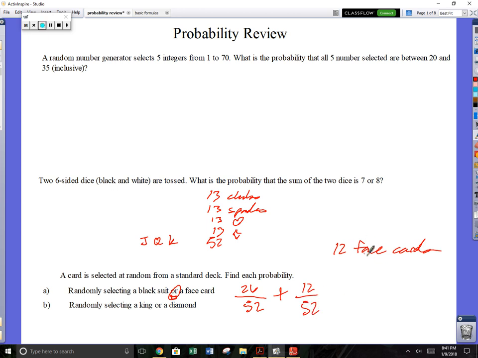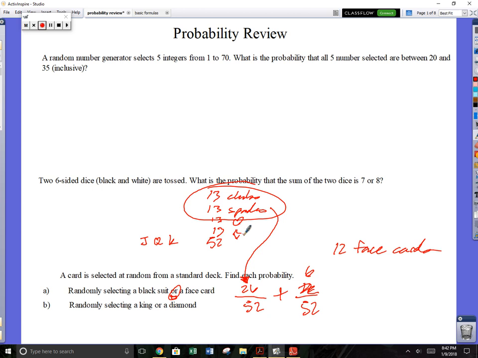But half of these face cards we've already counted, because we have already counted the black face cards from the clubs and the black face cards from the spades. They are part of this 26, so we cannot double count them. So really, it's 26 out of 52 plus, we're only going to count 6 of the face cards.